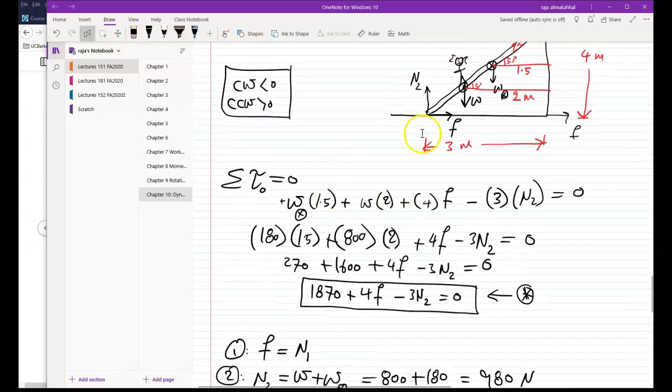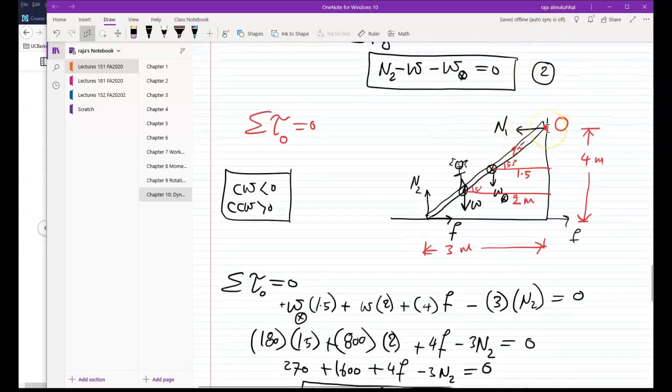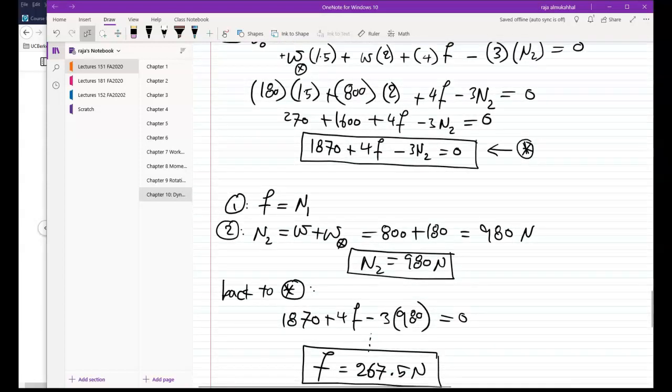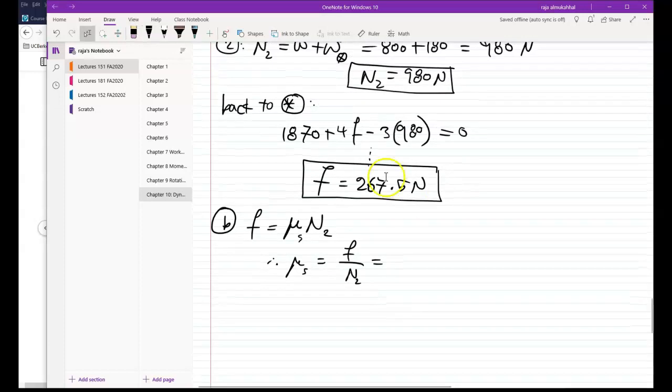This N2 is directly related to F. Not this N. Think about it. You can make this as rough as you want. It's not going to affect the force here. It is N2 that is affecting it. All right. So in this case, therefore, mu sub s is equal to F over N2. And I got both of them. Here they are right here, N2 and F. So that's going to be 980.